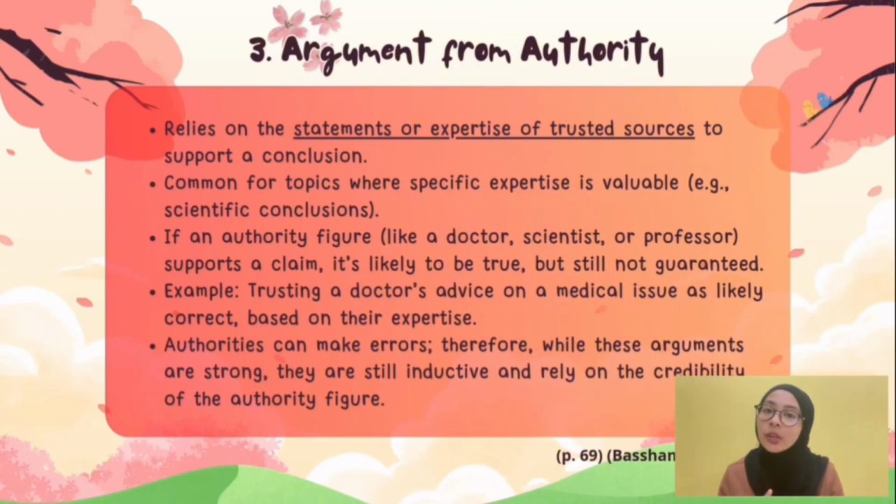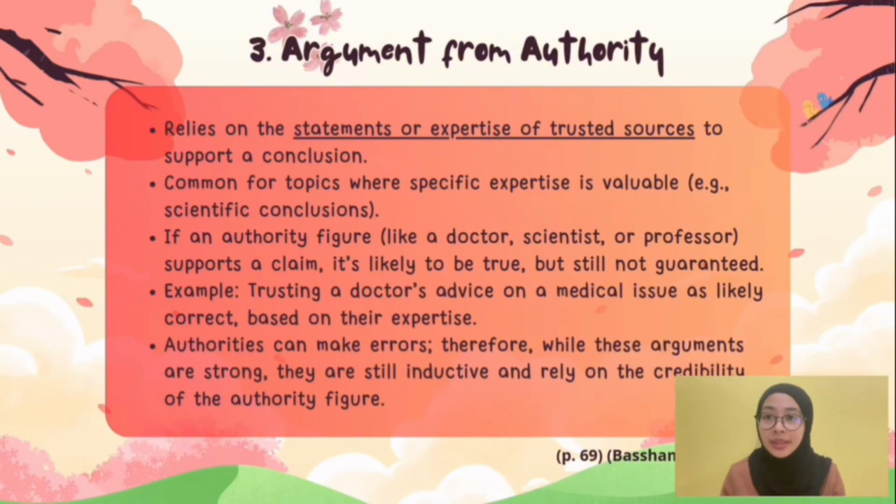So, if an authority figure like a doctor, scientist, or professor supports a claim, it's likely to be true, but still not guaranteed. For example, trusting a doctor's advice on a medical issue is most likely to be correct, based on their expertise. But still, they are human, and it is not 100% guaranteed.